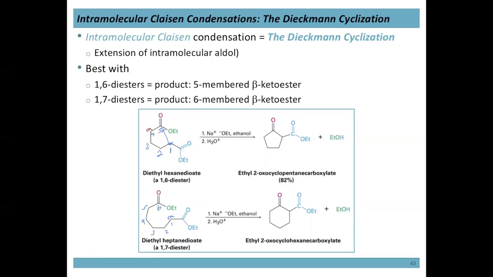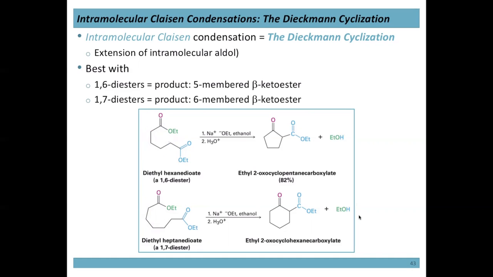So we're going to practice the exact same thing that we did before. We're going to count from one alpha carbon to the carbonyl and see how big the ring can be. And again, the rule of 5 or 6 will be key. We're going to want to form 5 or 6-membered rings.